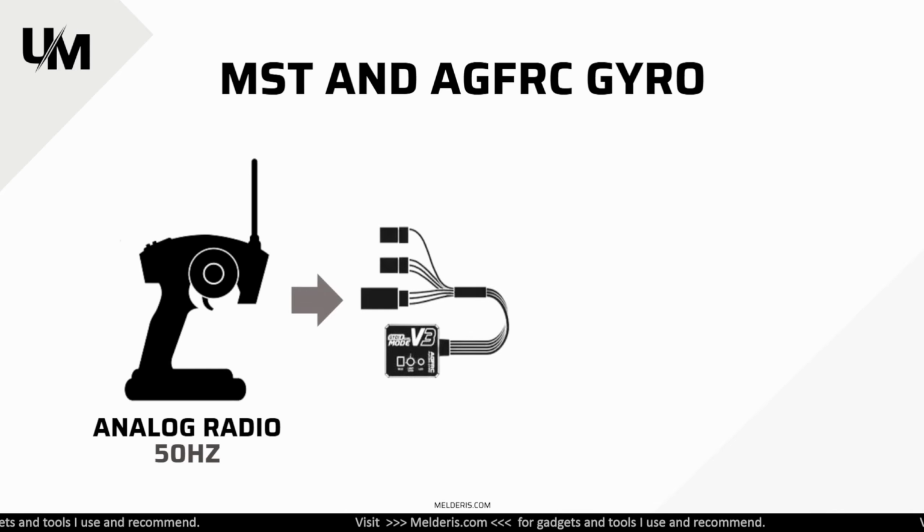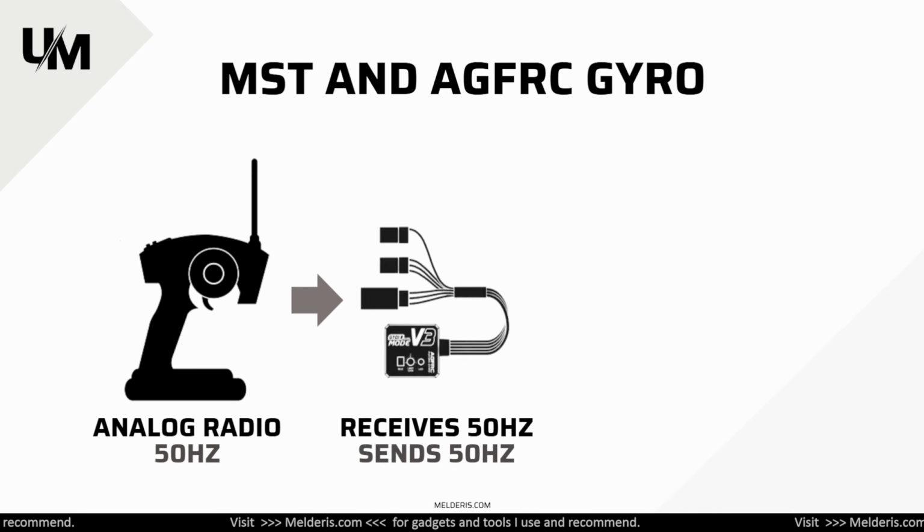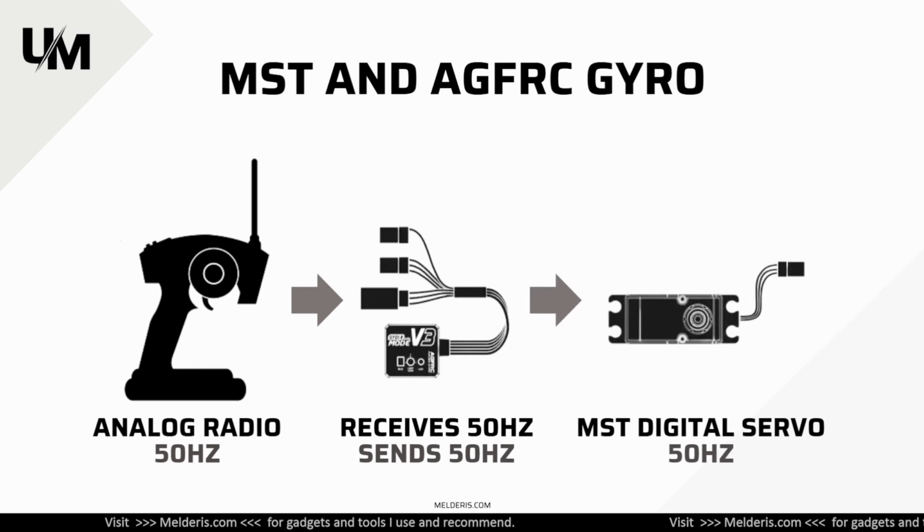Then I was using either the MST or AGF-RC gyro, which was receiving 50 Hz from my analog radio system and sending 50 Hz to the servo, which was my MST digital servo, receiving only 50 Hz. As I told you already, digital servos can fall back to lower frequencies and work just fine without any issues, not only this specific one.